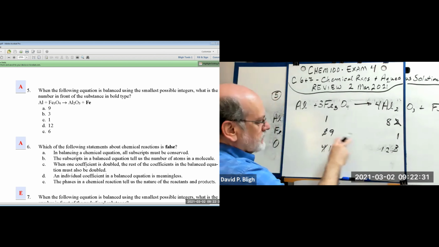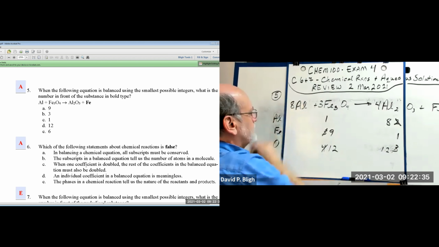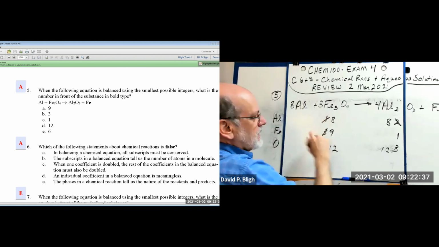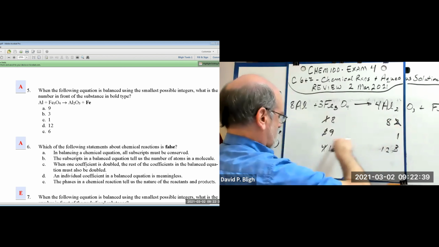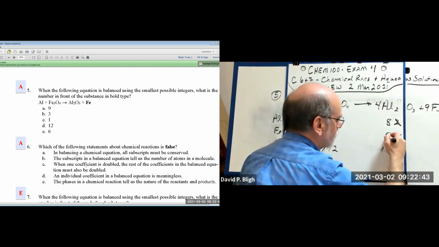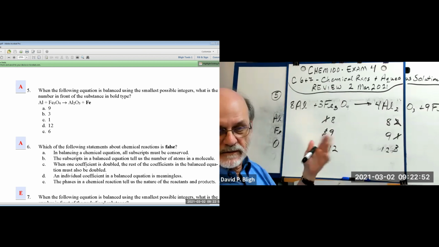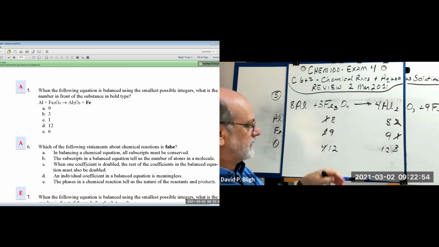If we need 8 aluminums, we just put an 8 here. And if we need 9 irons, we just put a 9 here. And we're balanced. That cross multiply thing is a trick that I didn't put in the hints. But it does come up from time to time.